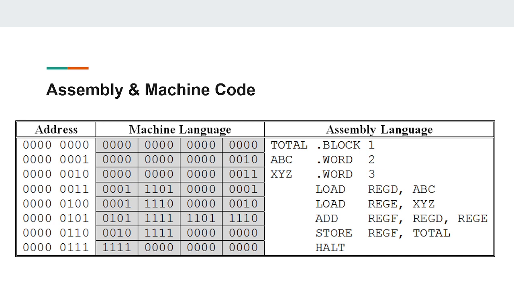This total is the one which is going to get the output. These are the two values that we are going to add. So this operation is to add two numbers and give the output. We will store the output in this total, and give it back to the program.